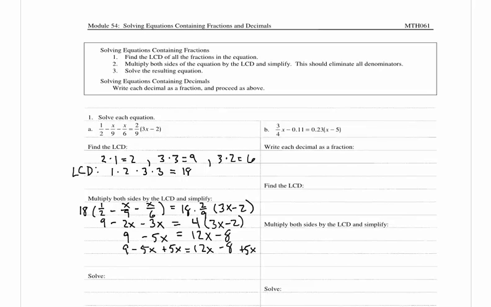And then I have negative 5x plus 5x is 0, so I have 9 is equal to 12x plus 5x is 17x minus 8. And now we're going to add 8 to both sides, so I have 8 plus 9 is equal to 17x minus 8 plus 8.